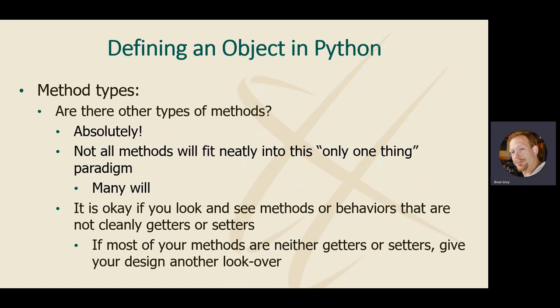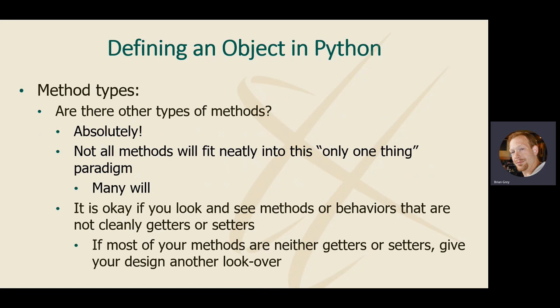Just give it a look over and see, because it can happen. But in my experience, especially objects that tend to interact with interfaces a lot more, the vast majority of methods are getters or setters.